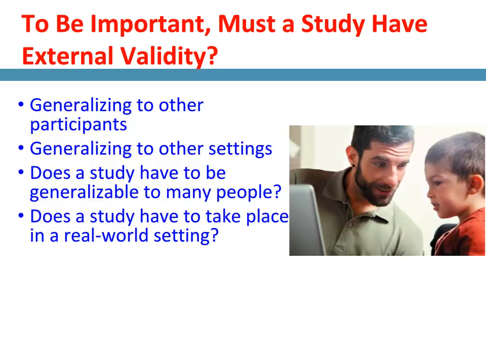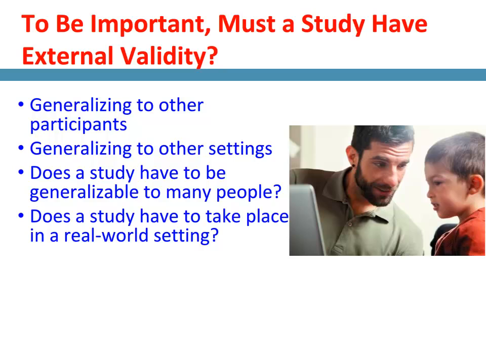So if you're talking about an experiment and it was done in the lab, you have to consider how well this would be reproduced in everyday life. So labs tend to be very controlled circumstances. You limit what people are exposed to, and so there's a pretty decent chance that those results would not replicate in the real world.